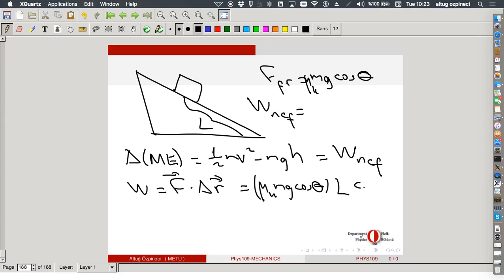Cosine of pi. Because the force is pointing in that direction, the displacement is in this direction, the angle between the two is 180 degrees. 180 degrees in radians is just pi. So this is minus mu k mg L cosine theta.